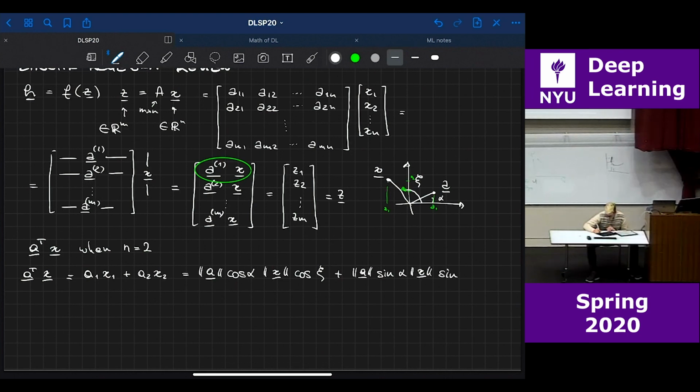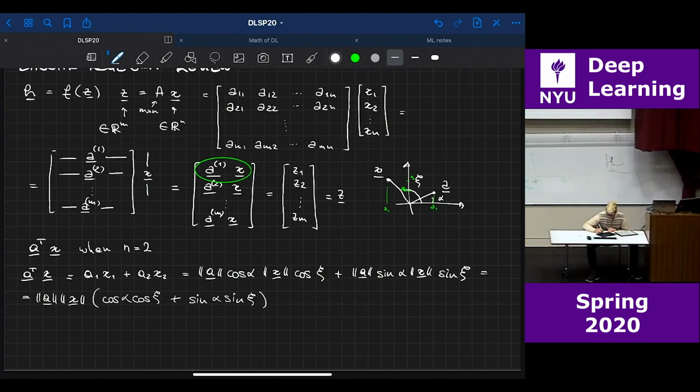All right, I'm going to put those two terms together. So you get the magnitude of A times the magnitude of x times cosine alpha cosine xi plus sine alpha sine xi.